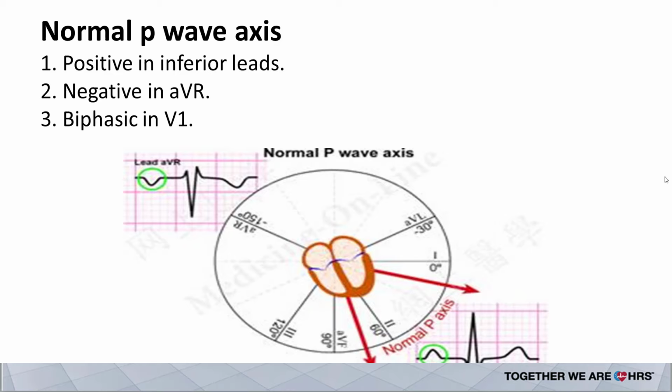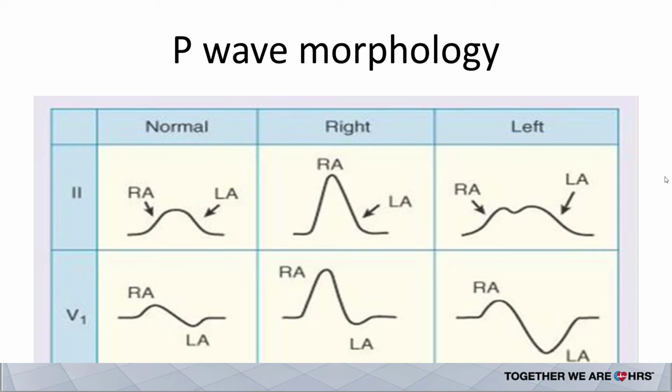The P wave which arises from the sinus node on the right side is positive in the inferior leads, negative in aVR, and biphasic in V1. And as we can see in this diagram, the P wave morphology is best seen in lead 2 and V1.